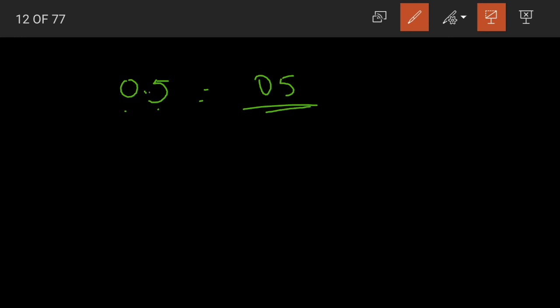Coming to the denominator, how many decimal places do we have after the point? We have one decimal place after the point. So in the denominator we will write 10. If it had two decimal places, we will write 100. If it has three decimal places, we'll write 1000.